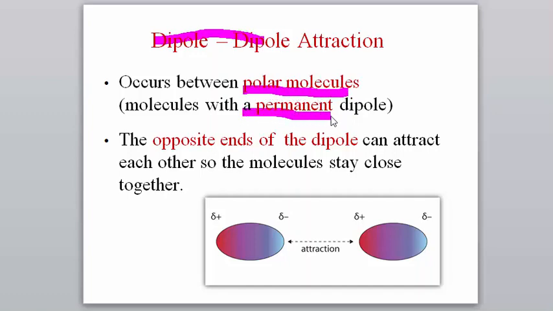They have a permanent dipole, a permanent separation of charge, where you have the positive end of one molecule attracted permanently to the negative end of another. It's not as strong as ionic bonding because notice these are only partial charges, but they are a permanent attraction, and the dipoles will hold these molecules pretty close together.